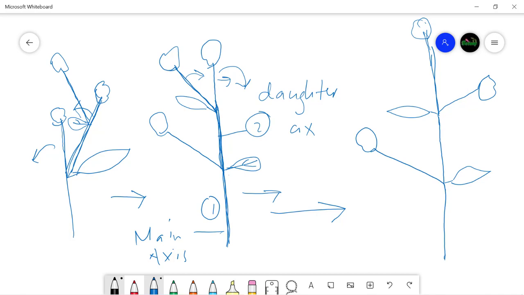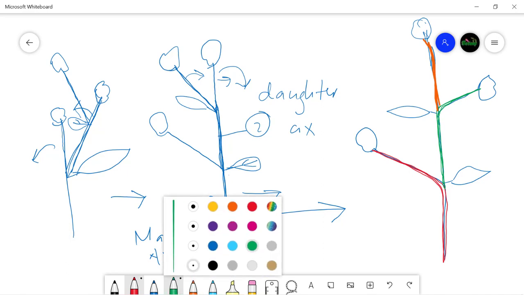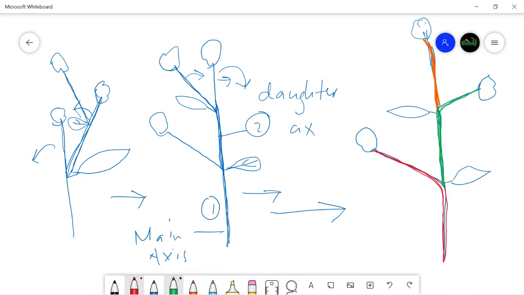Let's change the colors to distinguish between these. So this is the main axis, first axis, and this is the second axis, and say this one is the third one, final one. So as you can see, let's make the size of the pen a little thicker.